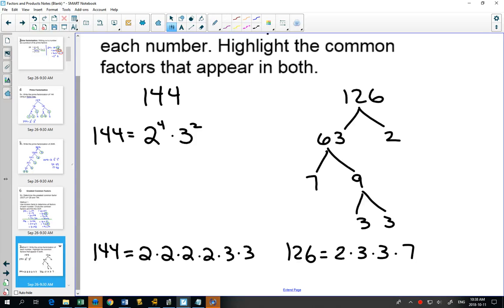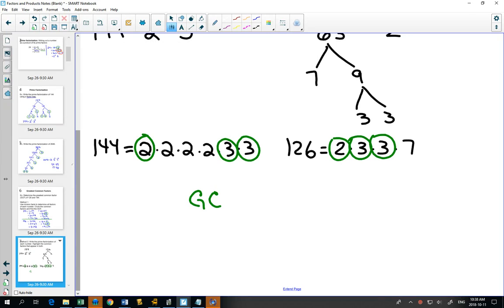In the prime factorization, what do they have in common? They both have a 2. They both have 2 3s. What's 2 times 3 times 3? Greatest common factor, 2 times 3 times 3, 18.